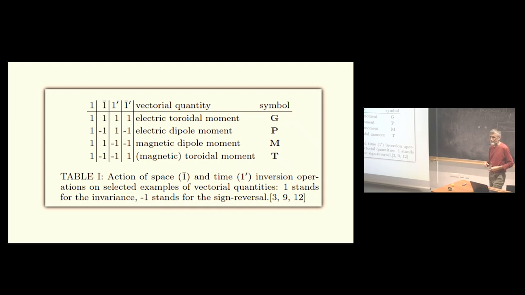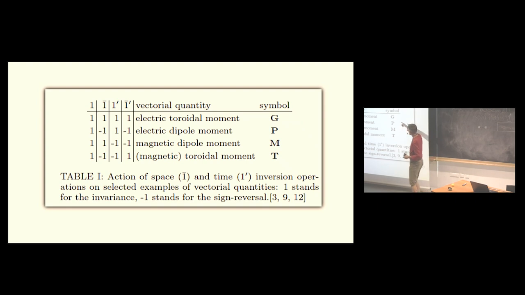So, the first 4 of them are vectors. They really behave as vectors, as you know from algebra. The other 4 are not. These 4 vectors have names: electric toroidal moment, electric dipole moment, magnetic dipole moment, and magnetic toroidal moment.